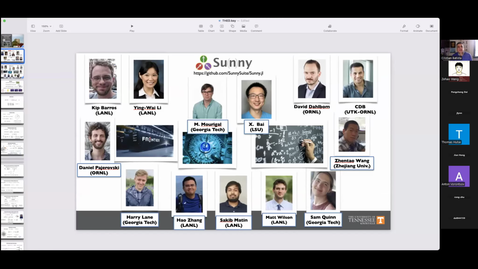And as Pencheng mentioned, everything that we are developing, including what I'm going to describe today, is being deployed in this SANI package. SANI is a project where we are combining efforts from computational physicists, neutron scattering experts, and people like us working on theory and modeling in order to produce packages that can be used by anyone, ranging from users of a facility to any student.